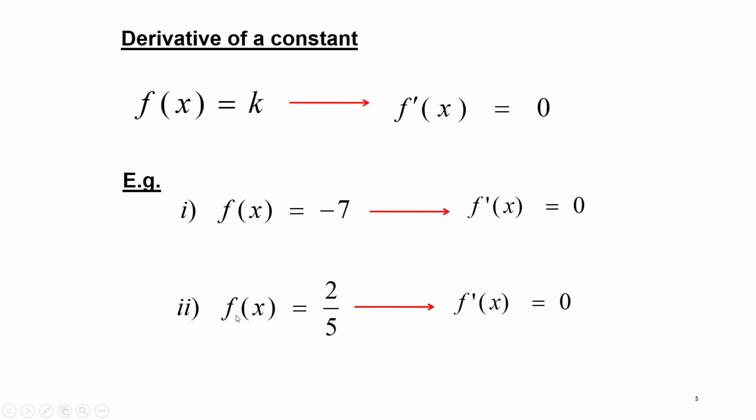If you say f of x is equal to 100, now if you differentiate 100, it will still be 0. If you differentiate 1000, it will still be 0. Or pi is a constant, so differential of pi will be 0. Any number, if you differentiate it, the result will be 0.